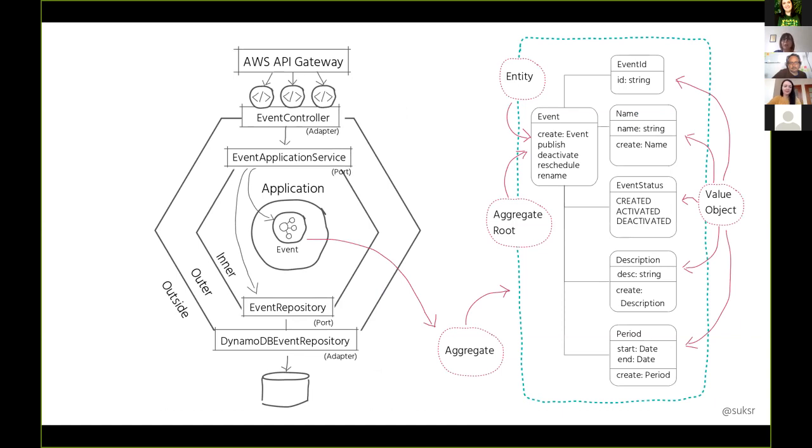The combination of domain-driven design and hexagonal architecture enables you to build adaptive and evolvable services where you can exchange the outer part of your system without affecting the inner part of your business logic. So your business logic remains the same no matter what kind of infrastructure you have on the outside.